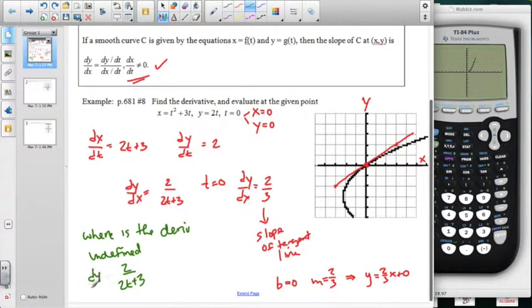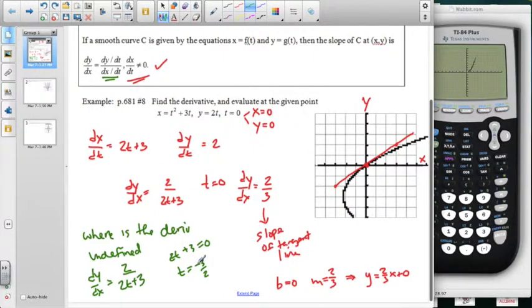So if this is the Cartesian derivative, it's undefined when 2t plus 3 equals 0, which is a t of, let's see, bring the 3 over as a negative, divide by 2, a t of -3/2. And so really what we're saying by setting this equal to 0 is that the derivative of the x Cartesian coordinate, in other words, the denominator of this expression here, has to be set equal to 0. So we're looking for this condition of when it's undefined.